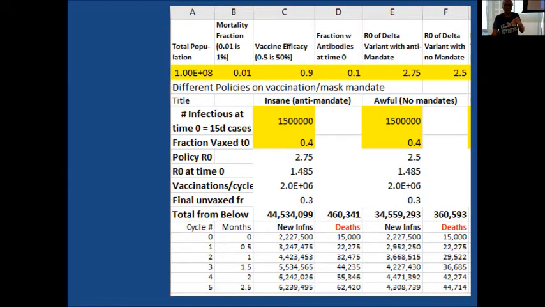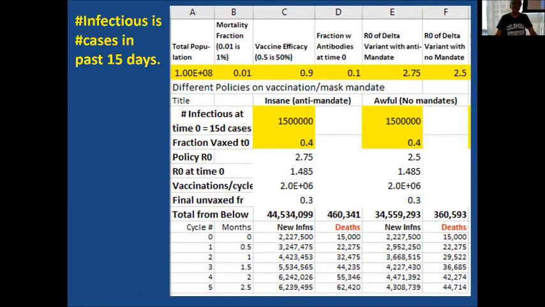So now there are more yellow cells here that I want to talk about. The number infectious is the number of cases in the previous 15 days. So that's a key assumption in the model to keep things simple. Of course, every day people are getting infected and they're infecting other people. But for convenience, I just divide time into 15-day chunks. And I say, let me look at everybody who gets infected in one 15-day cycle.